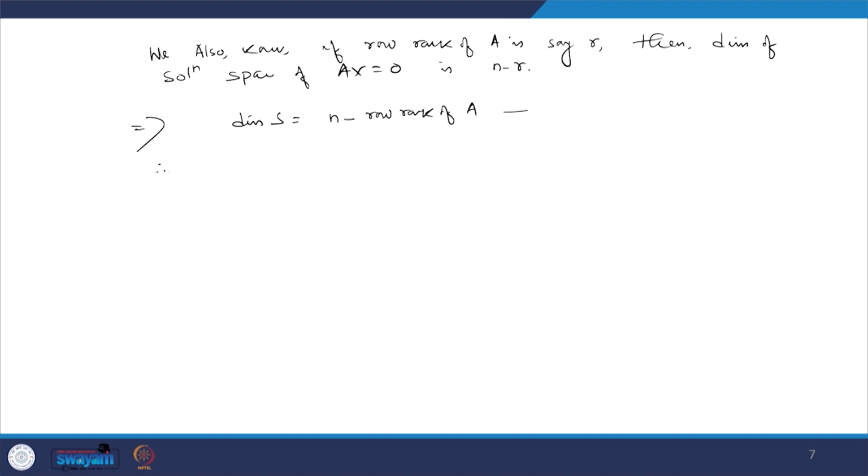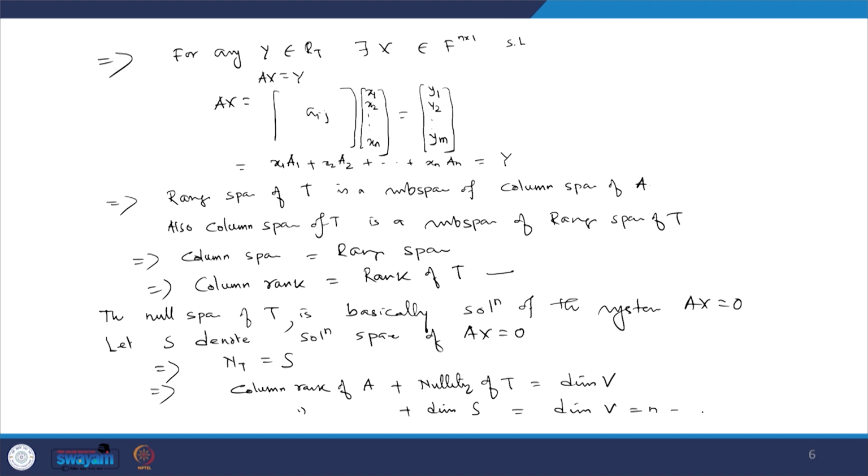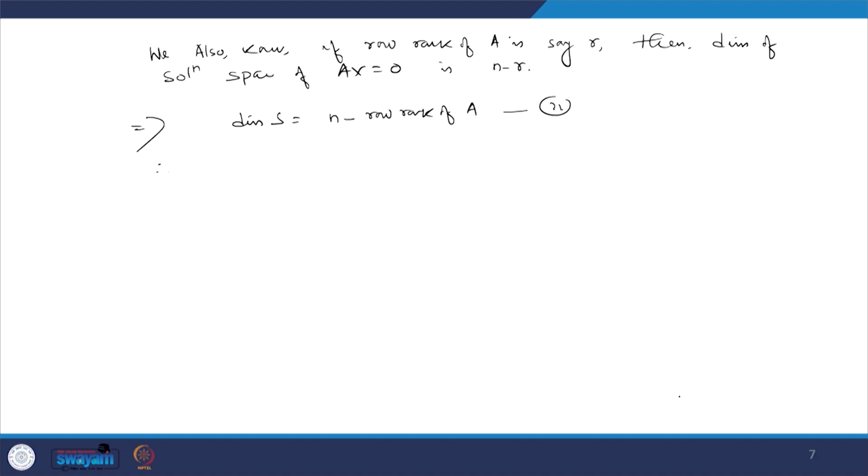So, if I substitute this one, this is my 2 and in the previous equation this is 1, we have column rank of A plus n minus row rank of A equal to n.